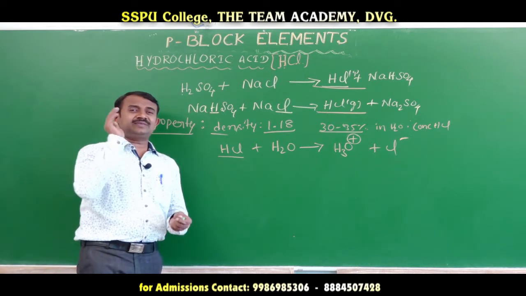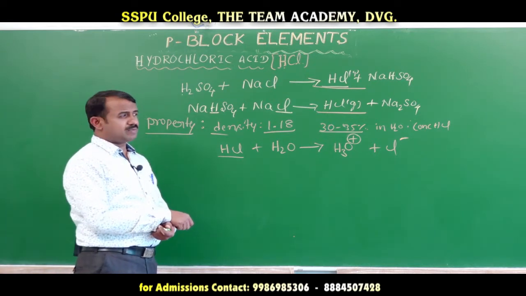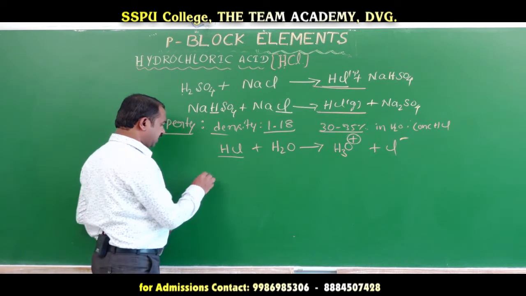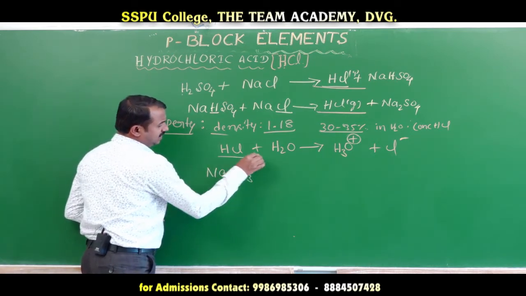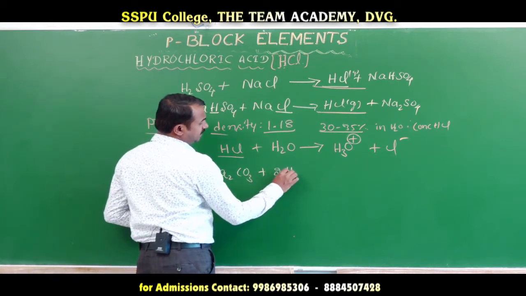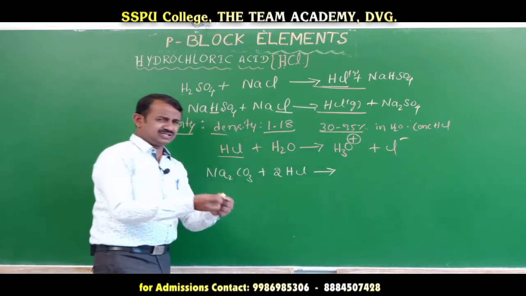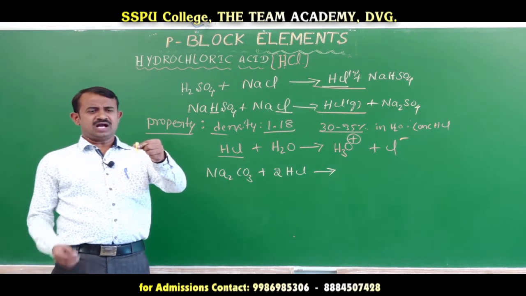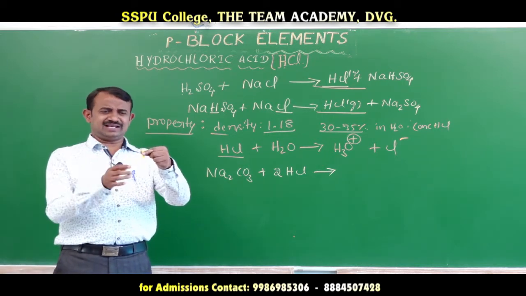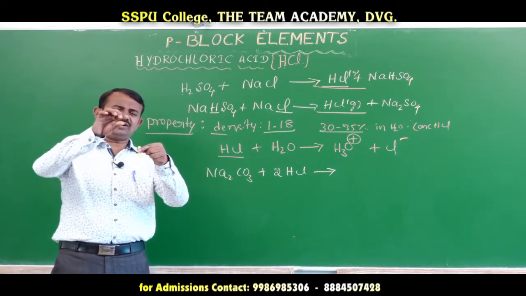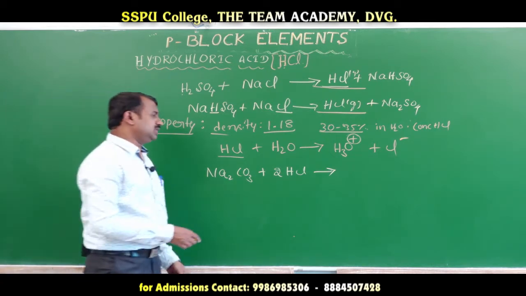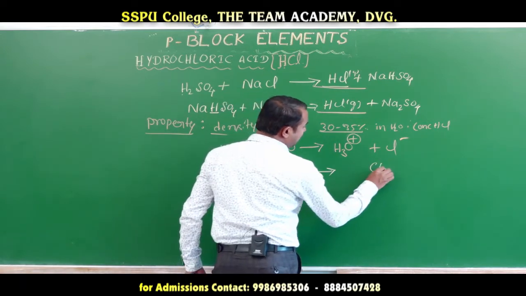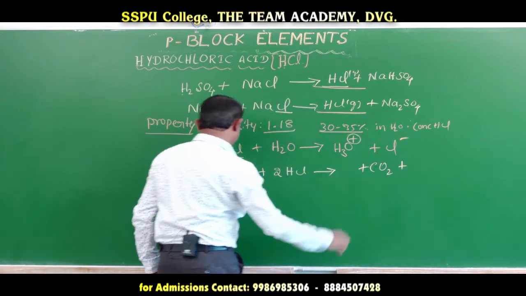When it reacts with soda, sodium bicarbonate or sodium carbonate, suppose sodium carbonate reacts with HCl. You take it in one conical flask, add HCl to sodium carbonate, and immediately a brisk effervescence forms. That brisk effervescence is carbon dioxide.